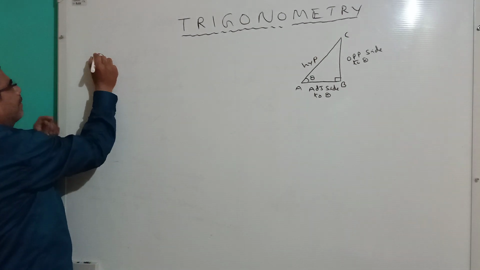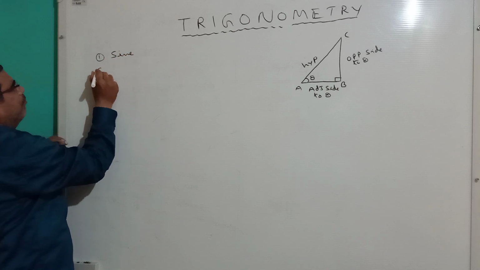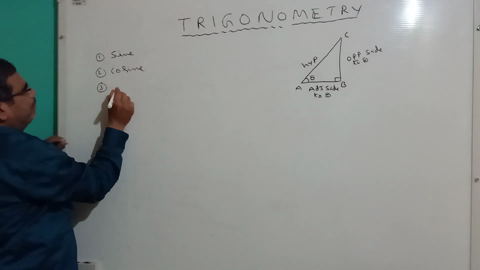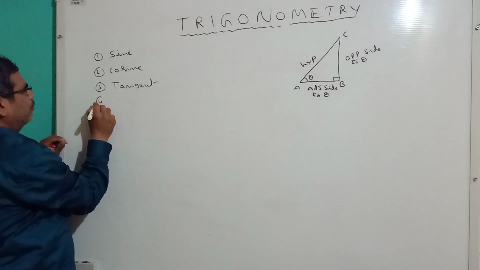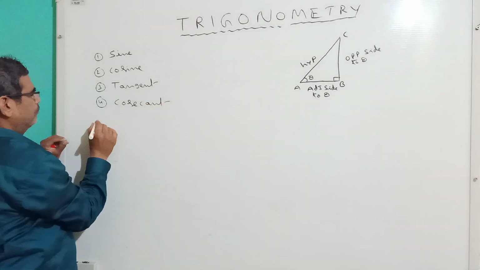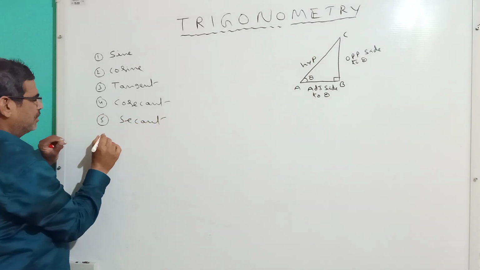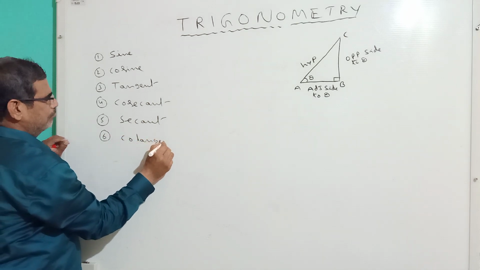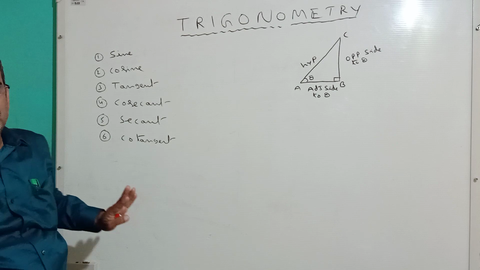They are sine, second one cosine, third one tangent, fourth one cosecant, fifth one secant, and the last one is cotangent. These are the original names of trigonometric ratios.